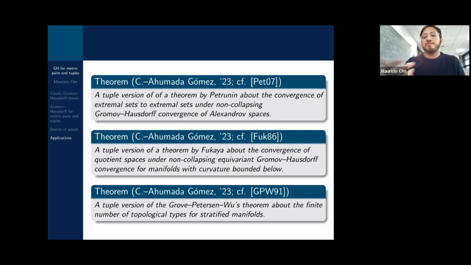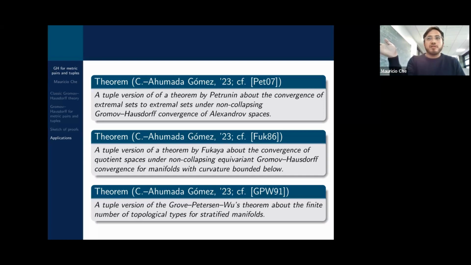The theorem that I'm alluding to here is that whenever we have a sequence of G-spaces that equivariantly converge in the Gromov-Hausdorff sense, then the quotient spaces by the action converge to the quotient space of the limit. And we got a tuple version of that, where we consider a sequence of subgroups of the group acting on the sequence and the limit, and then we look at the sets of points such that the orbit type is given by those subgroups.